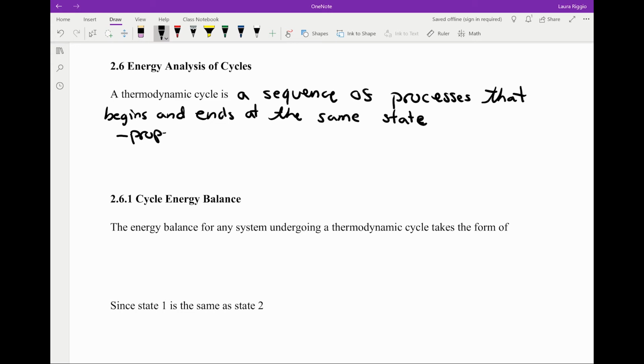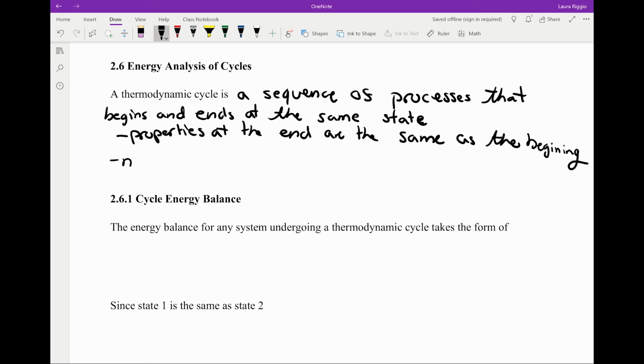So the properties at the end are the same as the beginning. So that means there is no net change of state.